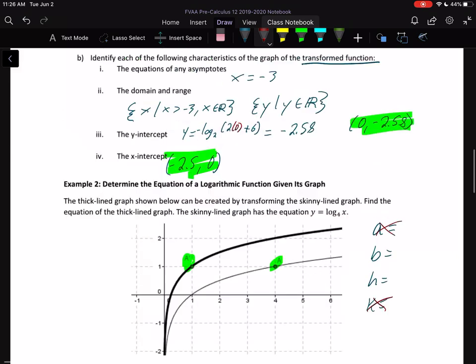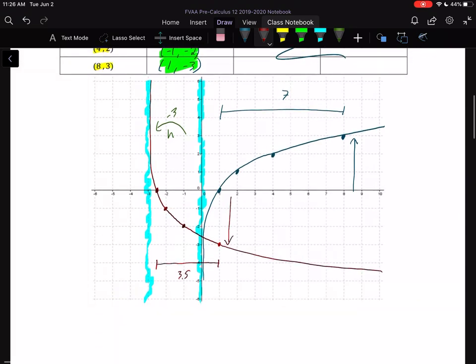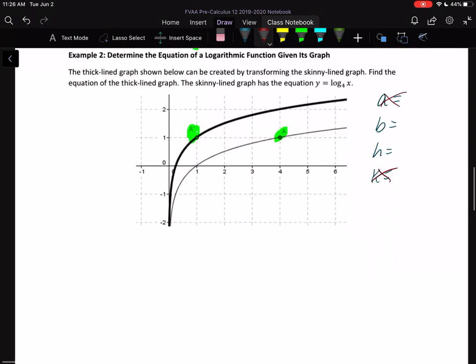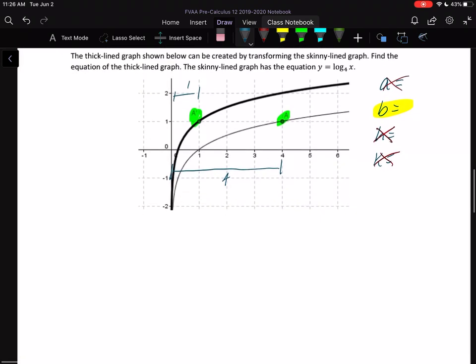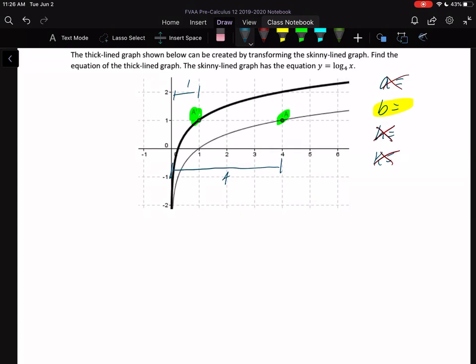Now the H, we saw that the H value here moved the asymptote over. Okay, did the asymptote of the thick line change compared to the thin line? And the answer is no. So the H is irrelevant. So here we're only looking for what happened to the B value. If you compare it to the asymptote, it's going from 4 units here to just 1 unit here. Okay, so it's been compressed, or it's been stretched by a factor of 1 over 4, right?